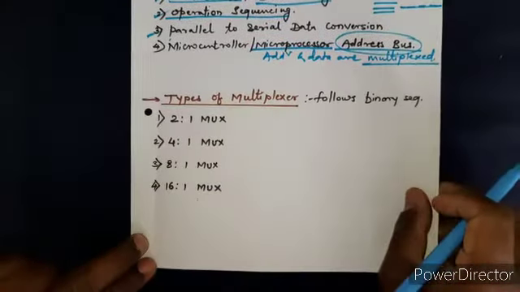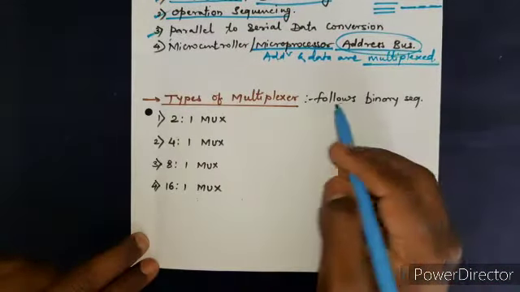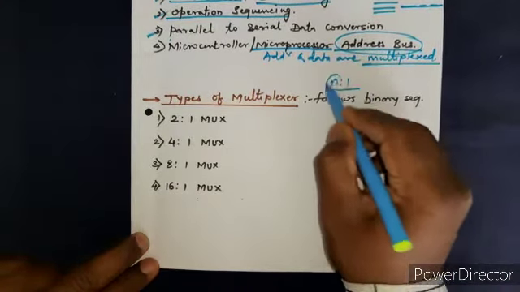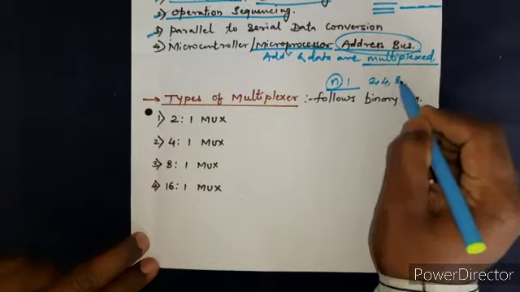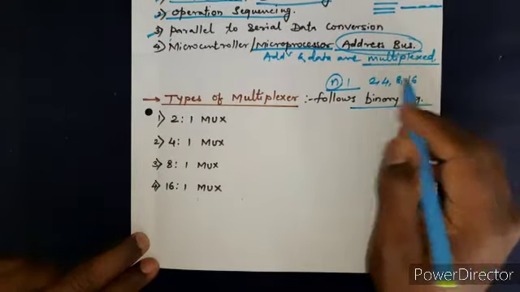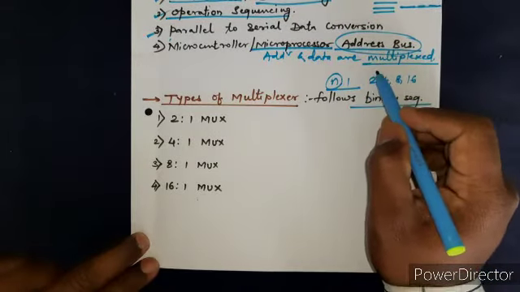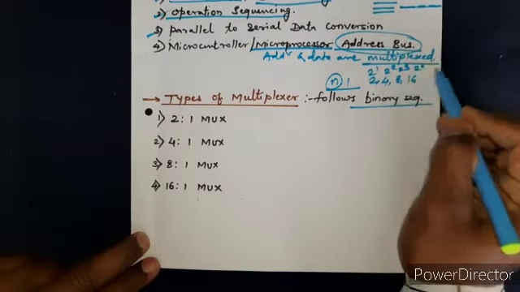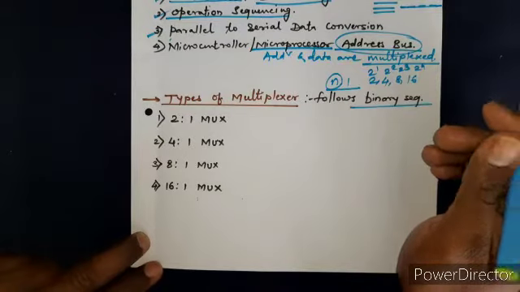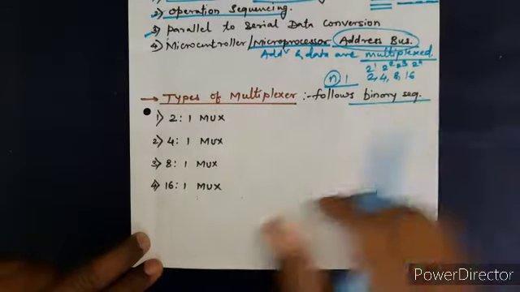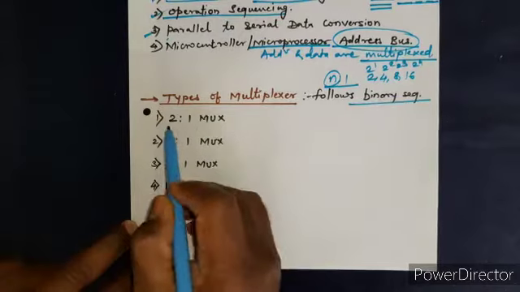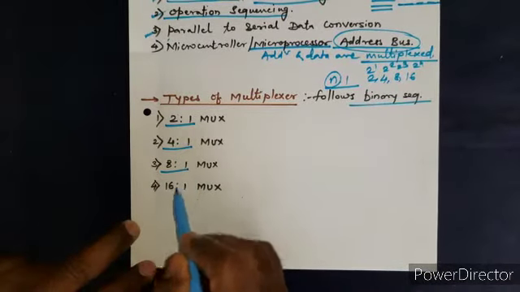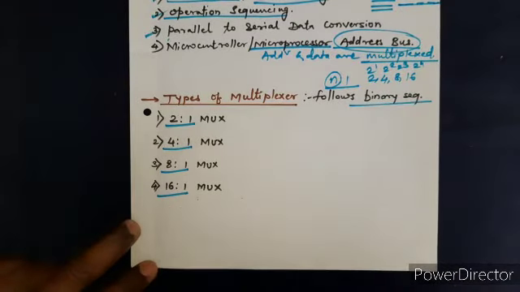Now, types of multiplexers. Again, as I said, n is to 1, so n can be 2, 4, 8, 16. It follows that binary sequence: 2 raised to 0 is not here, then 2 raised to 1, 2 raised to 2, 2 raised to 3, 2 raised to 4, and so on. In that sense, we have 2 is to 1 mux, 4 is to 1 mux, 8 is to 1 mux, and 16 is to 1 mux.